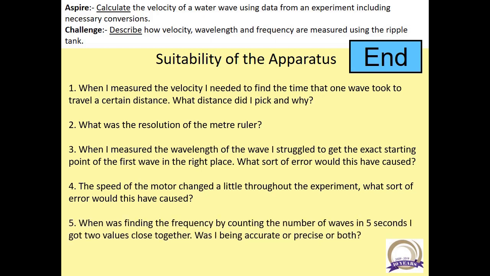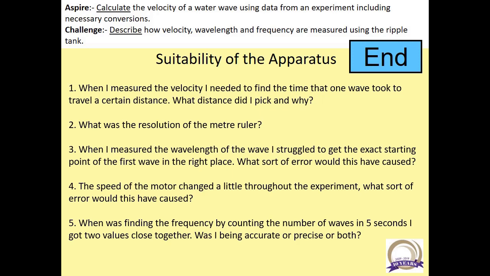Last one. That should say when I was finding the frequency by counting the number of waves in 5 seconds, I got 2 values close together. Was I being accurate, or was I being precise, or was I being both? Right, readings close together, that's good, but it doesn't mean I'm getting the right answer.